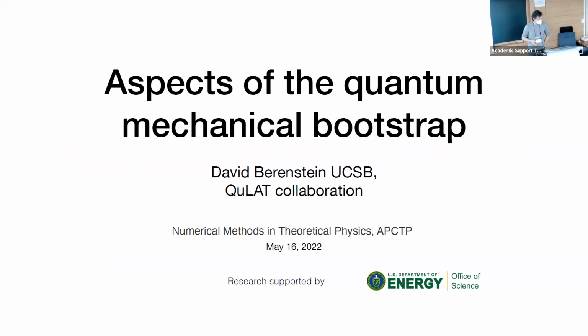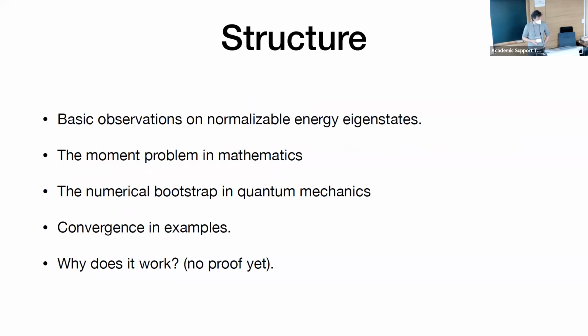Okay, so the structure of the talk is I first start with some basic observations on normalizable energy eigenstates. These are true in arbitrary quantum systems, but we're going to specialize to one-dimensional systems. Then I'll talk about some problem in mathematics, which is called the moment problem, which is related to what we're going to talk about.